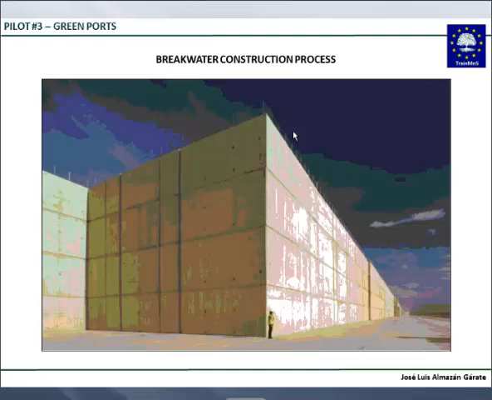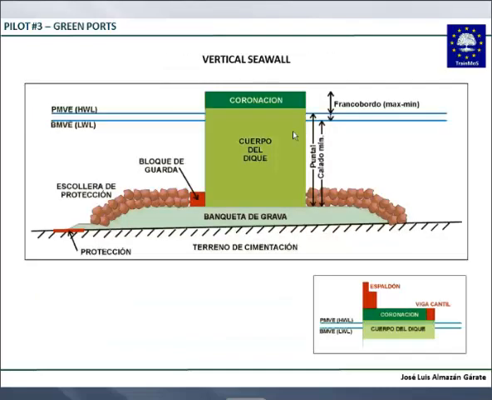Now, the other way of fighting against the energy is with vertical structures that need a special protection, because when the energy is reflected, there is a strong water current going in this direction that will create big problems in this area.